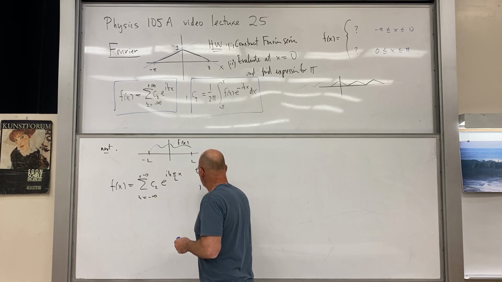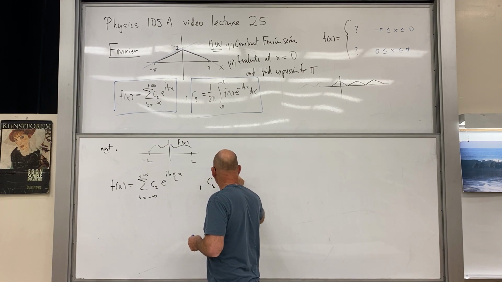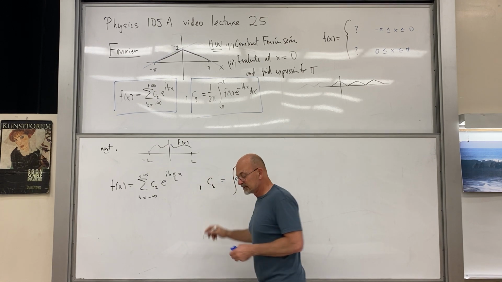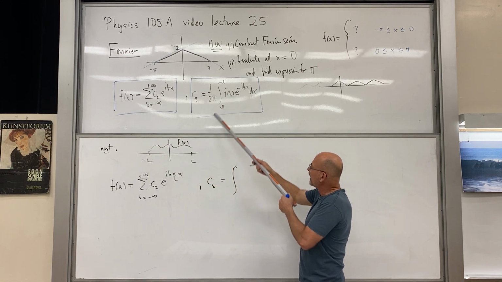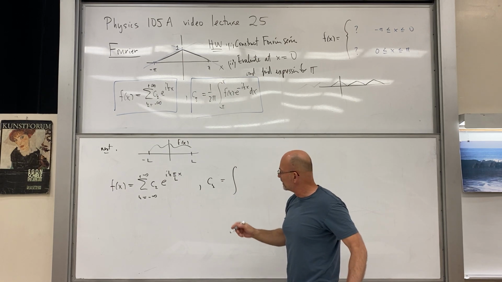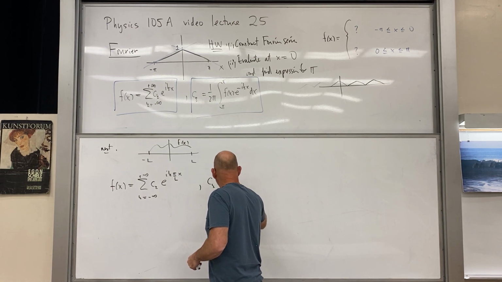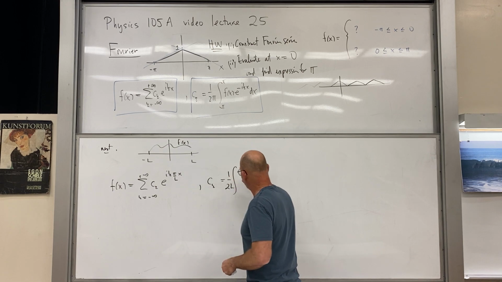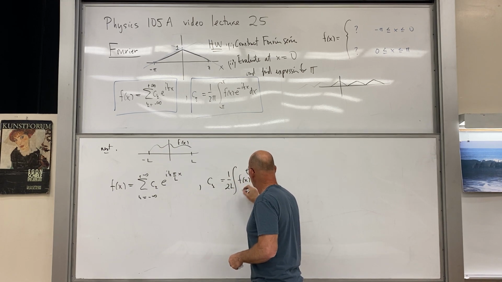So what are the c sub k's going to be? Leave a little space there. 1 over 2 pi is the width of the entire interval. It's going to be 1 over 2L. Like I said, this is just bookkeeping.